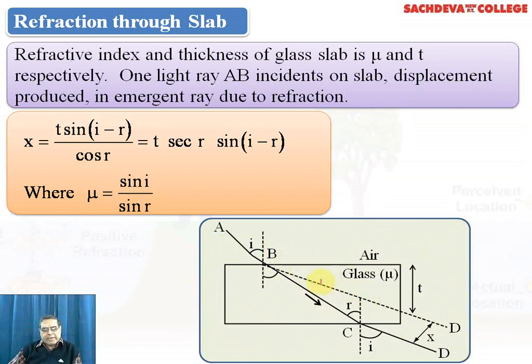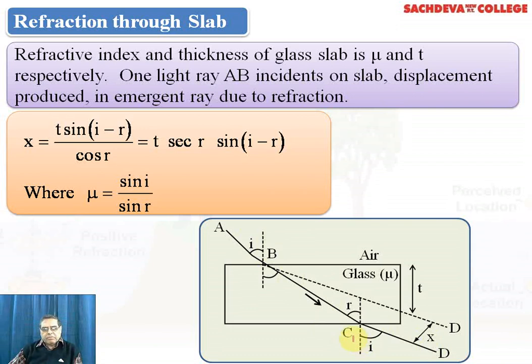The moment this ray moves from air to glass, it moves towards the normal, and when it comes to the other normal, it goes away from the normal. So CD is going away from the normal, and BC is bending towards the normal.